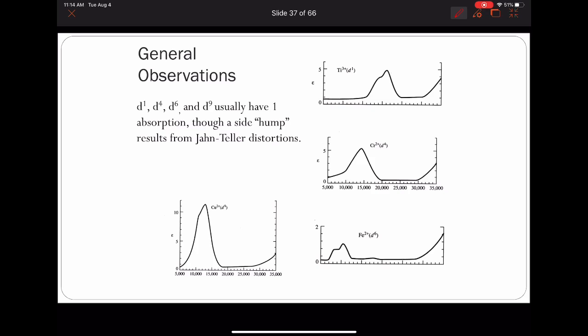I think it's important that you draw out the electron configurations for both high spin d4 and d6 systems and low spin d4 and d6 systems, and prove to yourself that in fact there is only one spin allowed transition for any of those systems, such that we would still only expect to observe one transition.